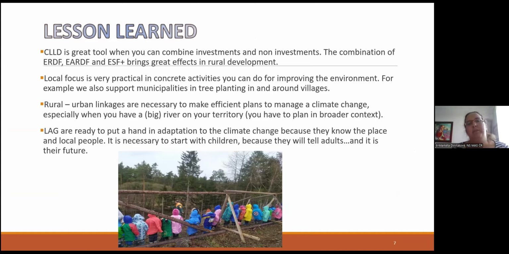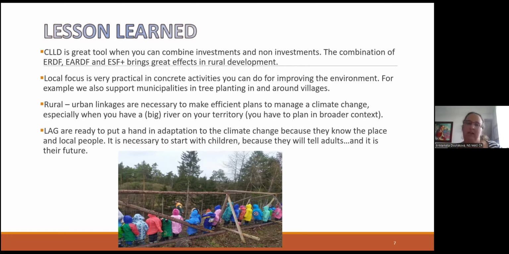The local focus is very practical in the concrete activities you can do to improve the environment. We also support municipalities in tree planting in and around our villages. Rural-urban linkages are necessary to make efficient plans to manage climate change, especially when you have, for example, a big river on your territory, which is our case.